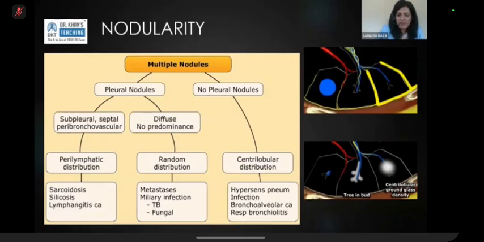So it's commonly missed, and it very commonly is also an incidental finding. The reason is that it's very commonly seen in smokers. It doesn't really give them any symptoms, and the only thing that will make it go away is cessation of smoking.